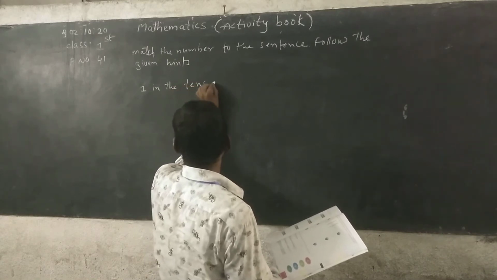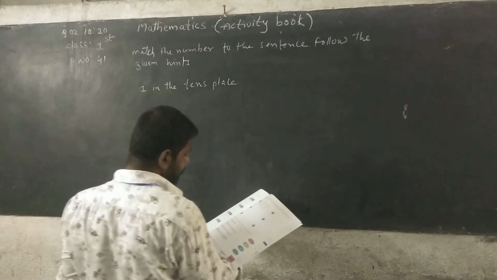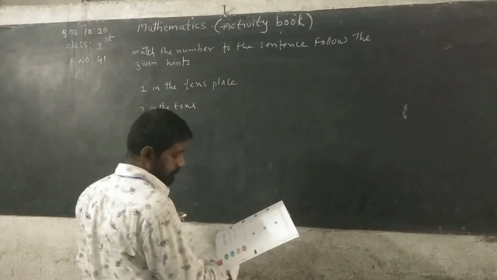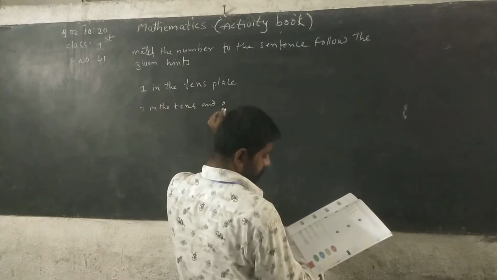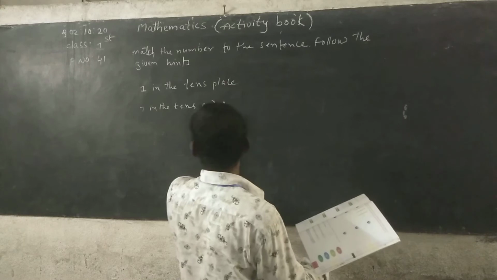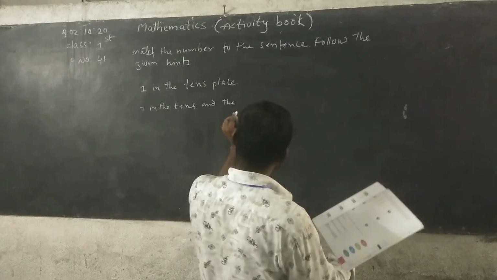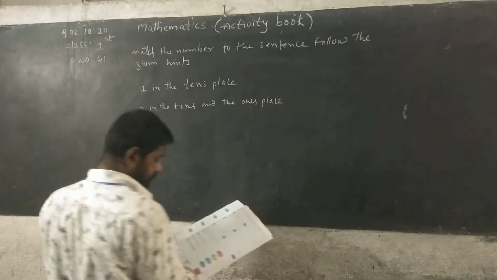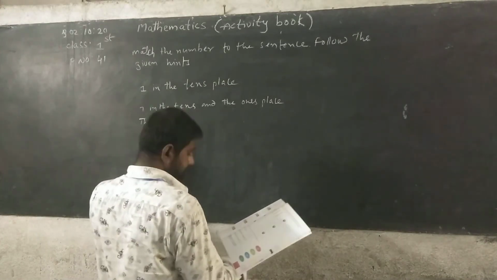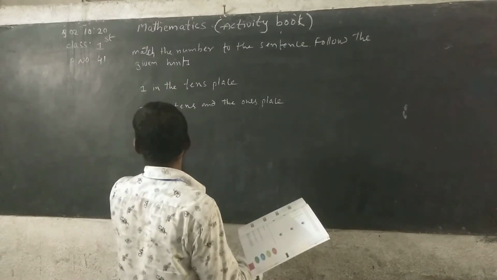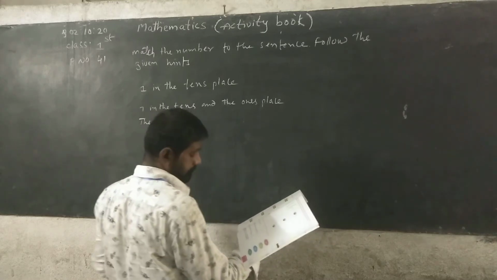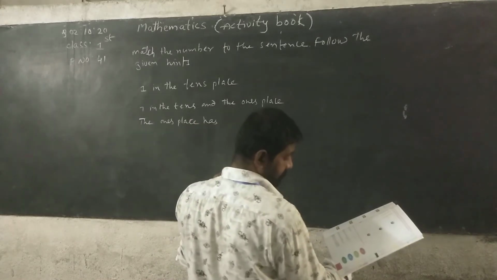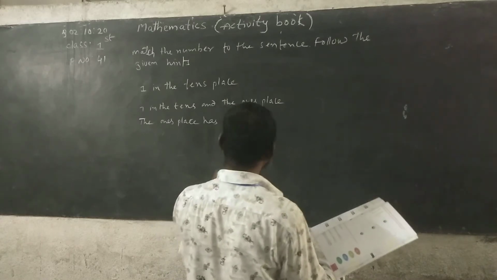Look at the blackboard. Next, 7 in the tens and the ones place. Next, the ones place has nothing in it.